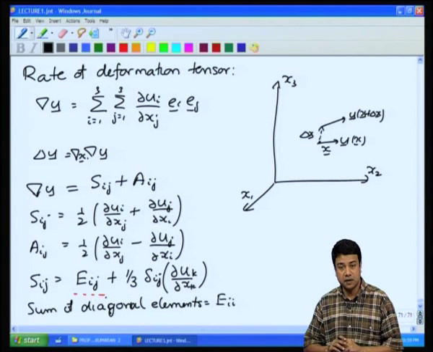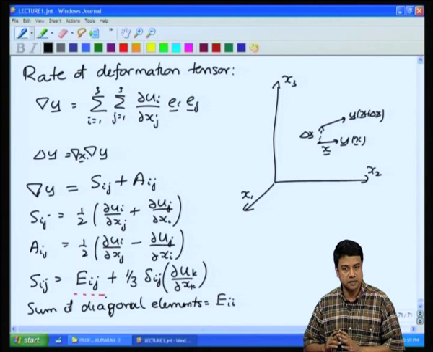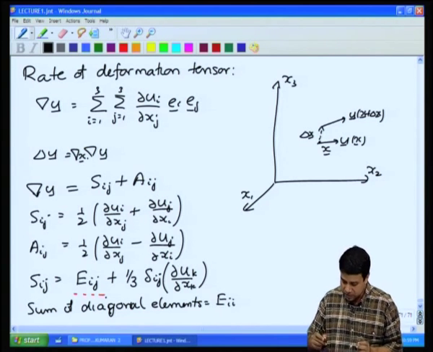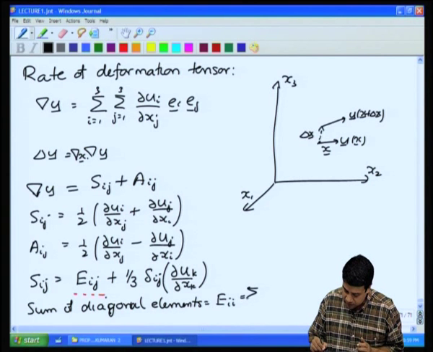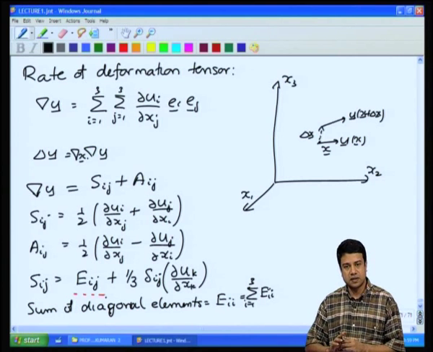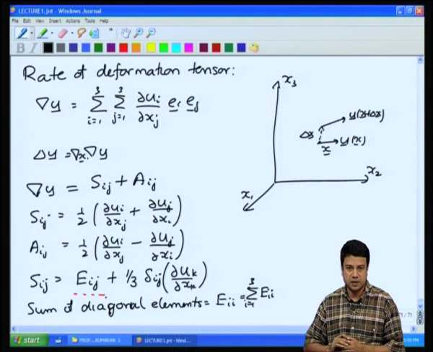Because if I have Eii and I expand it out using my indicial notation, there is one repeated index, that means there is a dot product, so there is one summation and no unit vectors. So, this is just equal to the sum over i from 1 to 3 of Eii, which is basically the sum of the diagonal elements of that matrix.